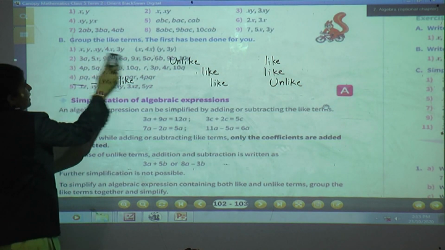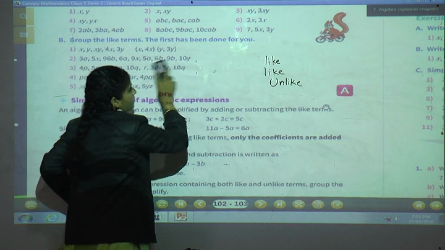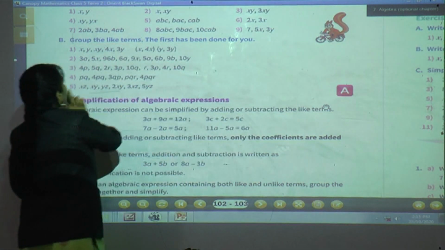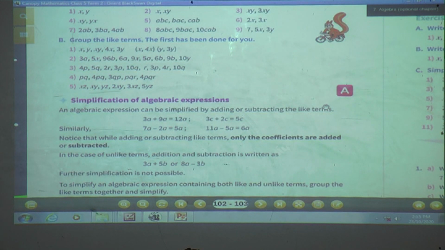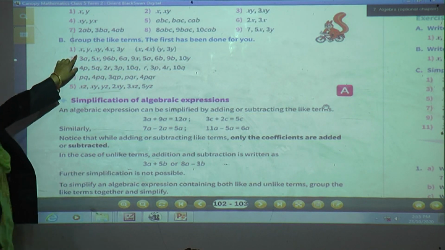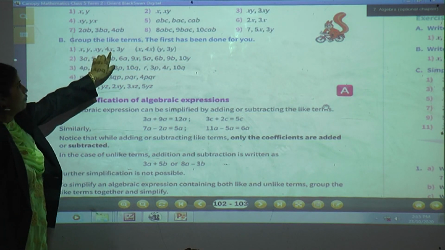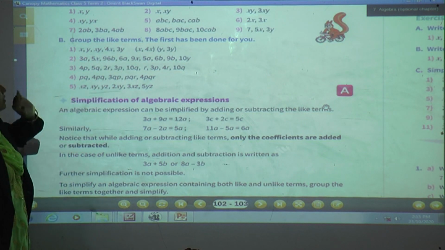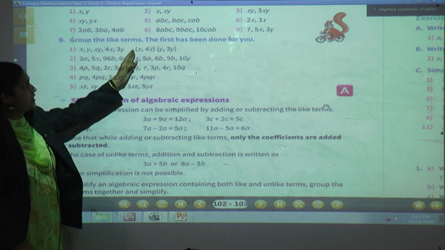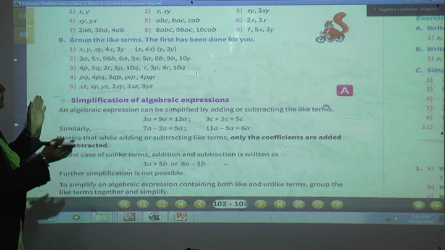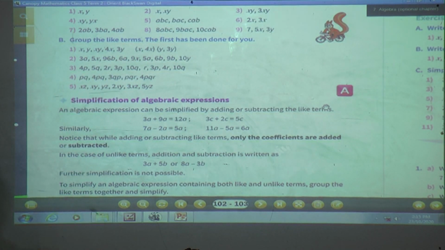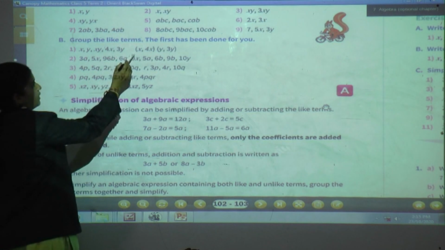Now B1. Group the like terms. The first has been done for you. See here carefully. Here x, y, xy, 4x and 3y. So students, what they have done here, they have combined the like terms, okay, just in one bracket.